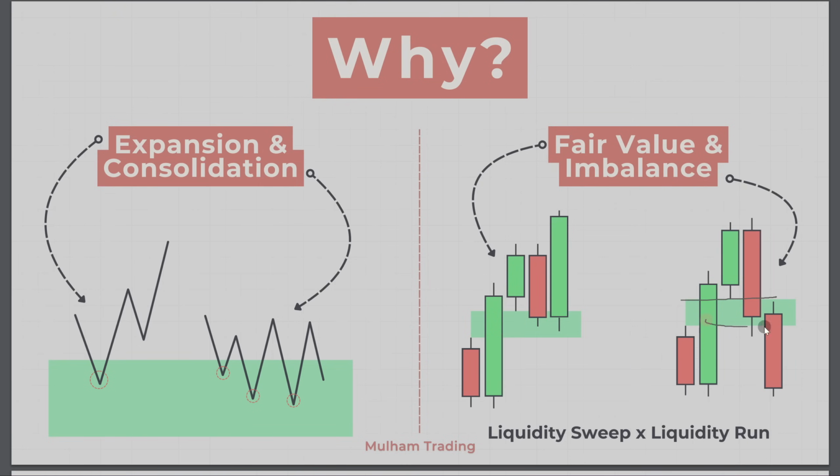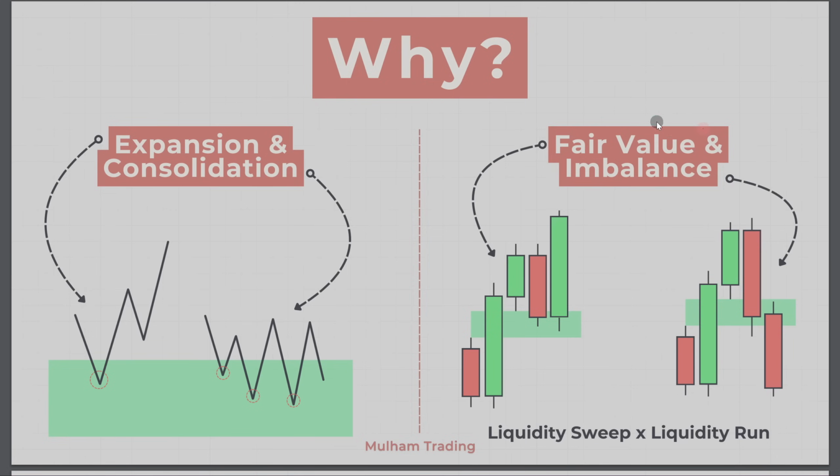Maybe we're going up, and there is an imbalance here, and I'm targeting that one to be filled. So most likely an imbalance is a zone in the price action where I'm looking for price to fill that zone, and it's okay to disrespect it. I'm not looking for an entry off that zone. So that's the main difference between fair value and imbalance.